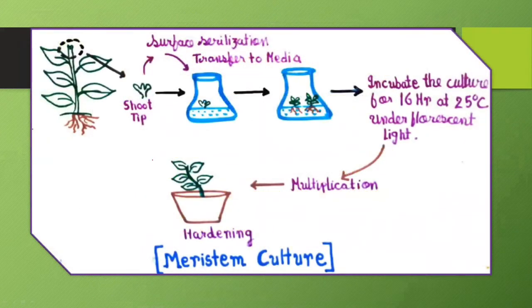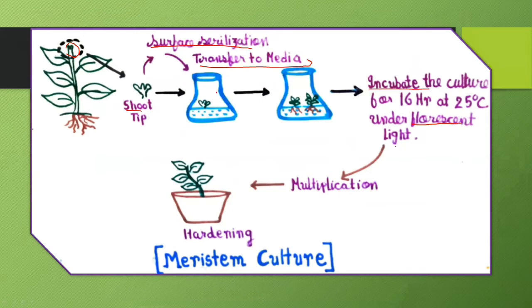So this is the diagram showing the overview of meristem culture, in which we first take the meristems of the plant. The shoot tip is taken, then surface sterilized, then transferred onto the medium, which is inoculation. Then comes the incubation step.